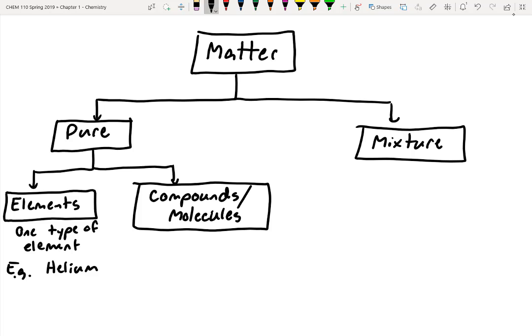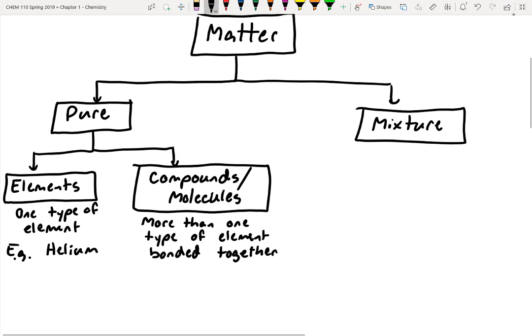A compound, on the other hand, is more than one type of element, and they are bonded together. You can think of bonds right now; we haven't really talked about them in much detail. But if you're bonded to a person, meaning you're attached to them in some physical or spiritual way, it's the same idea with these elements, right? They're attracted to each other. They stick to one another.